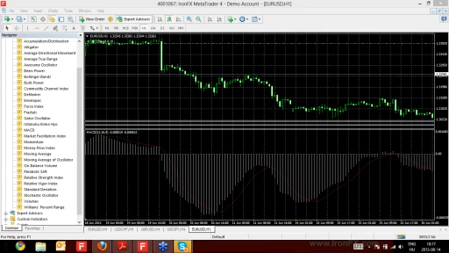But if you give it to a child and he just enters with weird targets, a 1 pip target entry and a 200 pip stop loss, you have to make 200 times profit in order to cover one of your losses. So for that reason, you have to be very selective with your risk management as well, which we are also going to cover in our upcoming webinars.